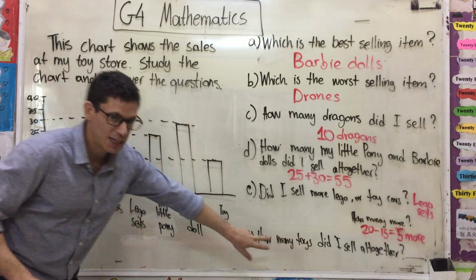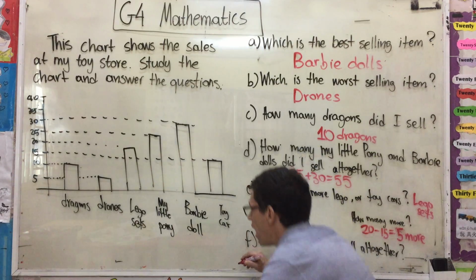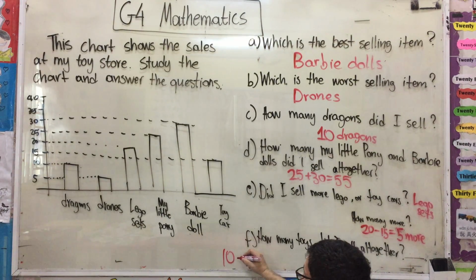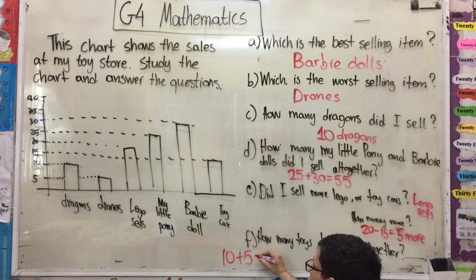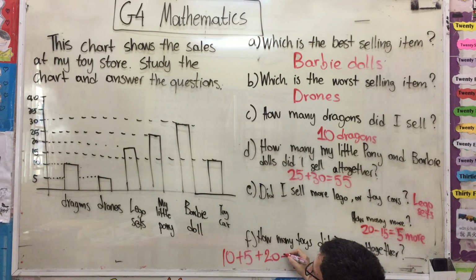So here, since I need a lot of space, I will start from there, and I will write 10 because I have 10 dragons, plus 5 because I have 5 drones, plus 20 because I have 20 Lego sets, plus 25 because I have 25 My Little Ponies.